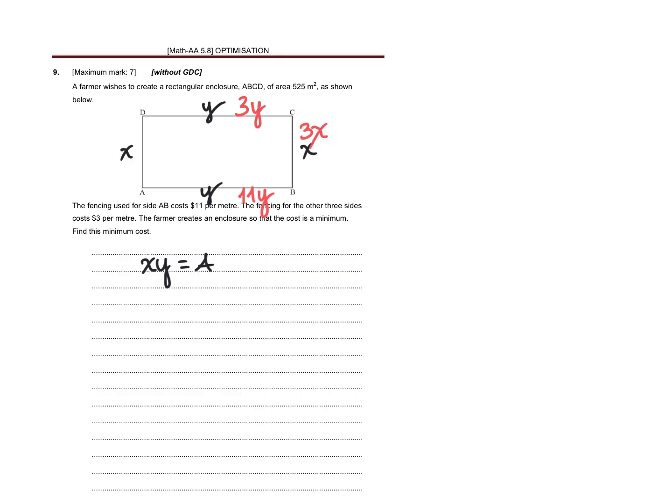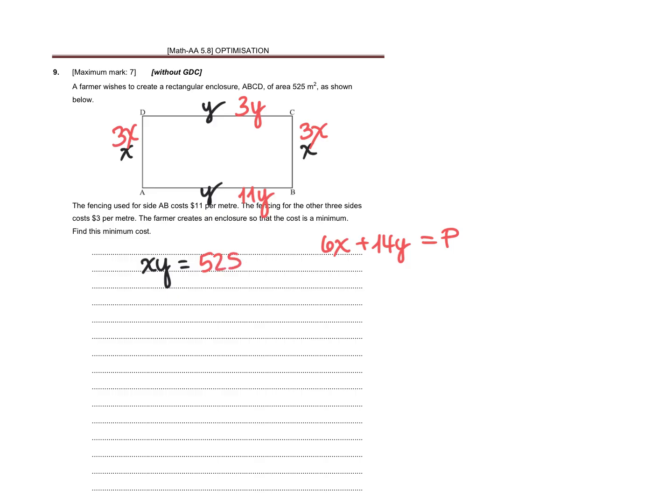This is also 3 times however long x is, and 3 times however long x is. Okay, so we have 3x plus 3x plus 3y plus 11y, and that's going to be the perimeter. So the area is 525 rather.